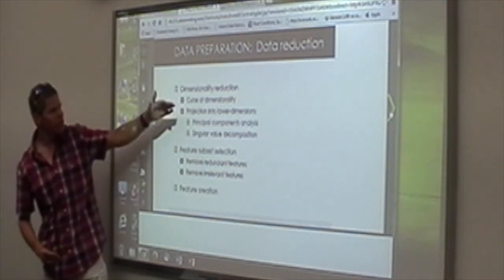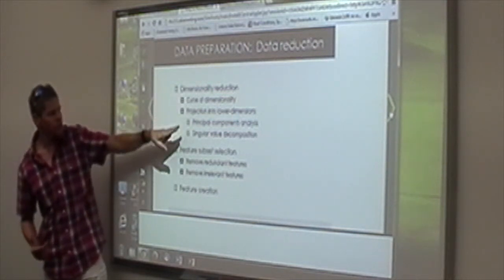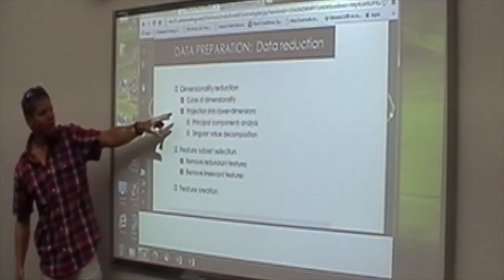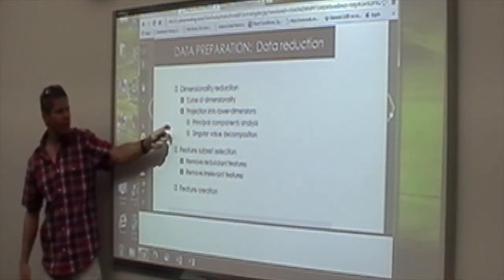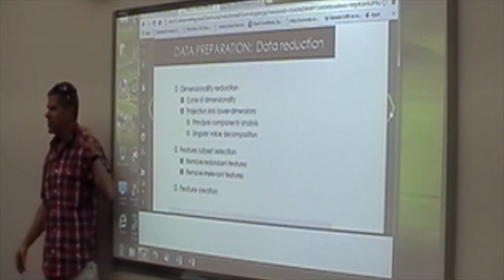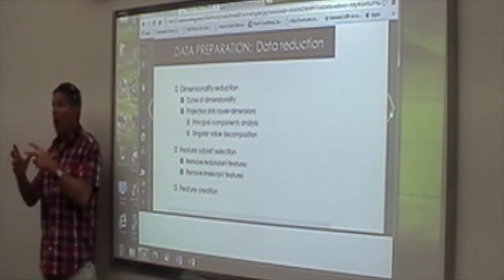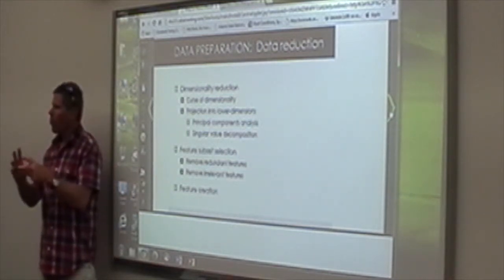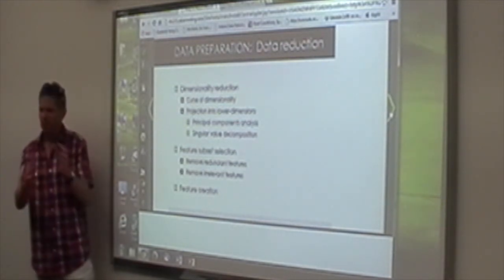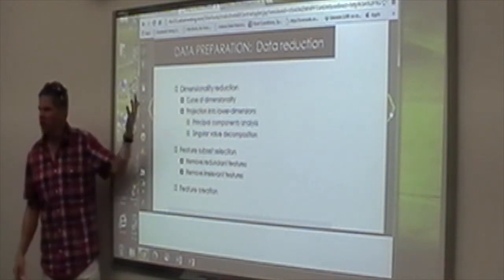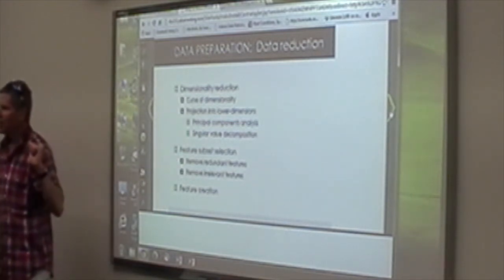So some things we want to do is reduce the dimensionality. Some tools that we have here, I've listed a couple. These both come from linear algebra: principal components analysis, trying to identify the more relevant features for the problem, the principal components, and then singular value decomposition.